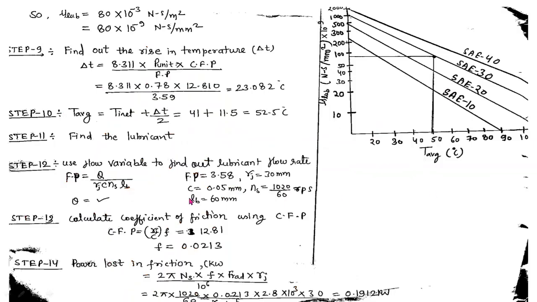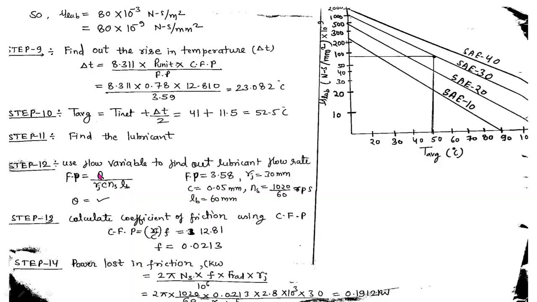So using this formula, the flow parameter is equal to Q divided by Rj, radius of the journal, C, clearance, Ns is the RPS, the speed of the journal in RPS, and Lb is the length of the bearing, and Q is the lubricant flow rate.